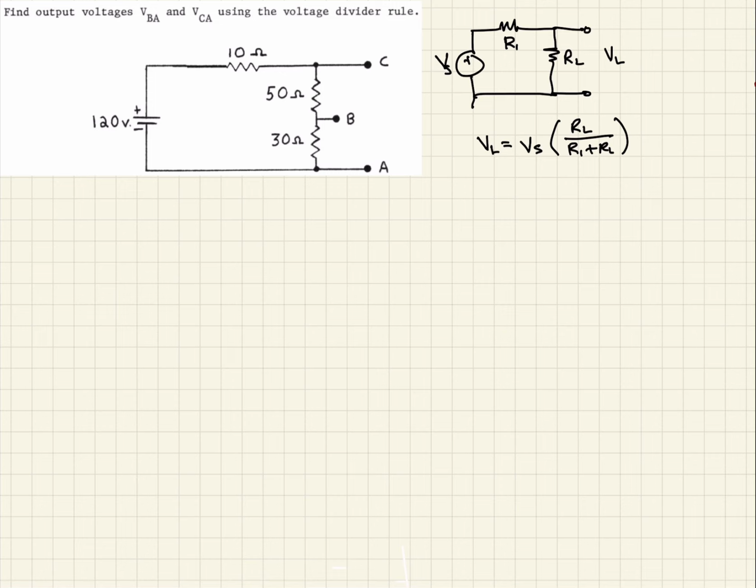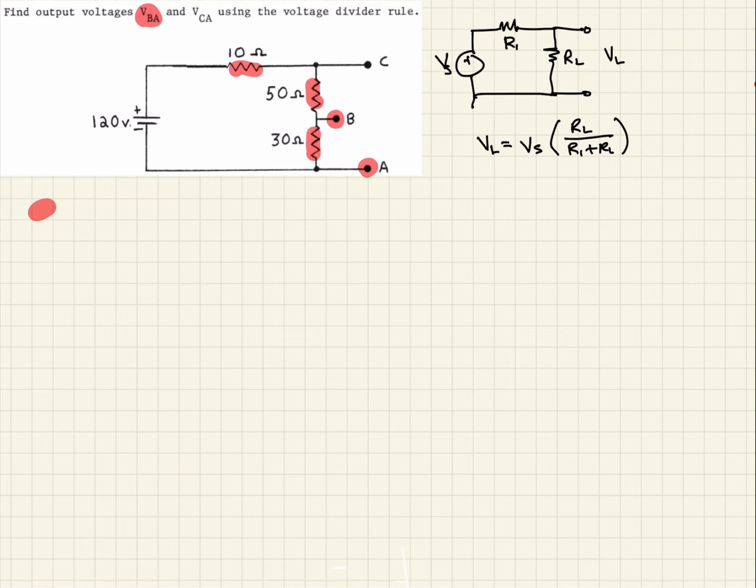The first one we're looking for is VBA. So that's between B and A. When we look at that, the load resistance is the 30 ohms right here, and R1 is going to be a combination of the 10 and 50 ohm.